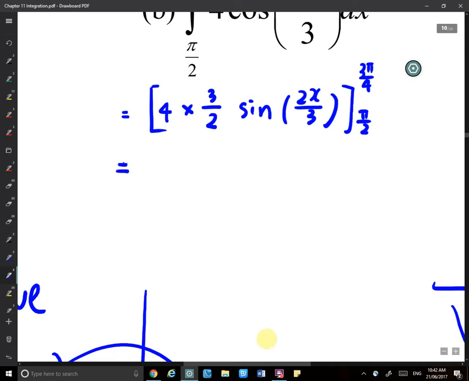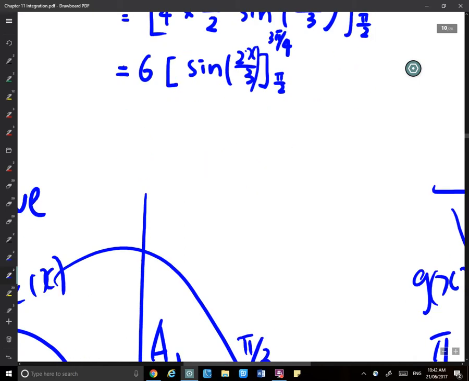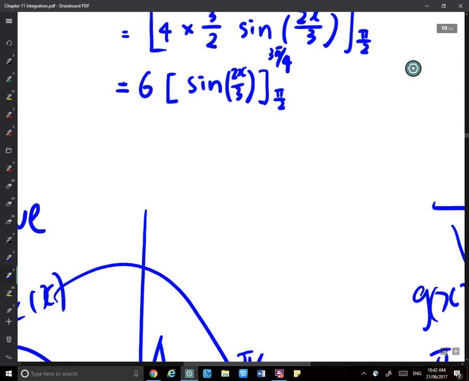Okay, and can you see there's a constant, the constant is 6. So you can put the 6 outside the square bracket, with pi over 2 and 3 pi over 4 on the limits. Like that. The 6 can leave out first, and then you can calculate.